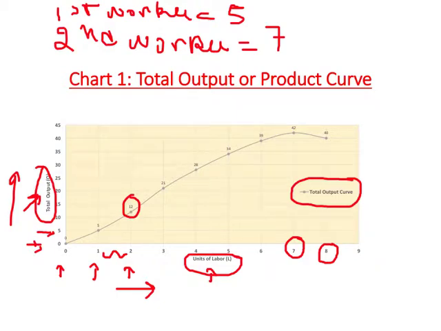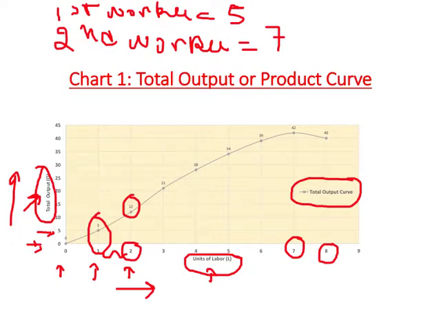Another thing we can do on this chart is look at the following. When the farmer hires 1 worker, what is the average output produced per worker? It is 5 units. When the farmer hires 2 workers, what is the average output produced per worker?